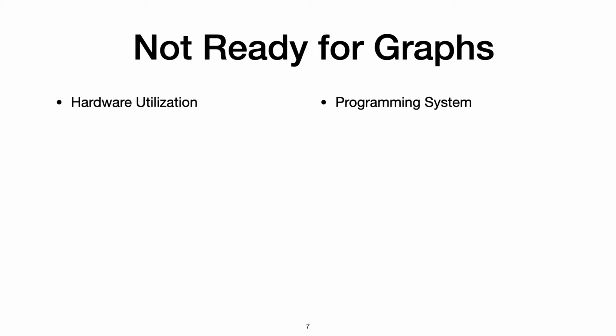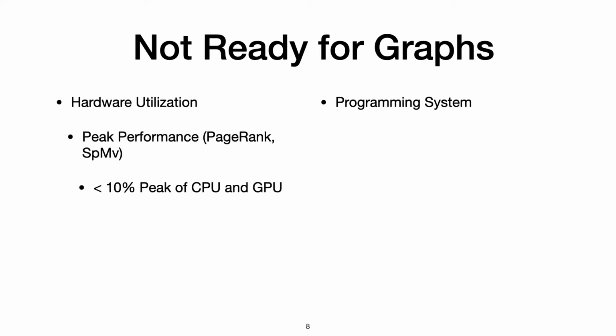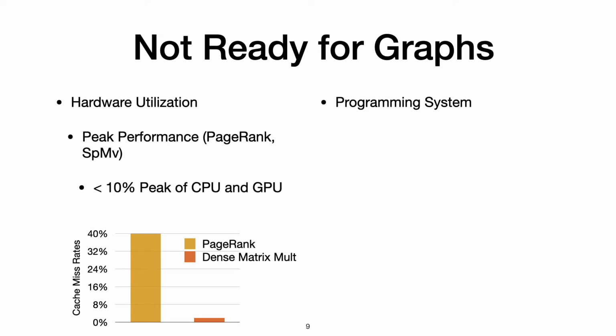Hardware built for dense applications performs very poorly on sparse applications. For example, an application like PageRank has really bad cache utilization. More than 40% of memory accesses are cache misses, compared to almost nothing for dense matrix multiply. Because of this, you get really bad performance and bad utilization.